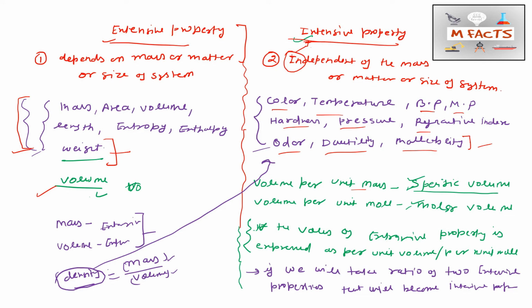And one more example I have given you: if we take the ratio of any two extensive properties, that will become an intensive property. So we should be careful about these things in the exam. These are all the concepts about extensive and intensive properties. I hope you have understood these things.